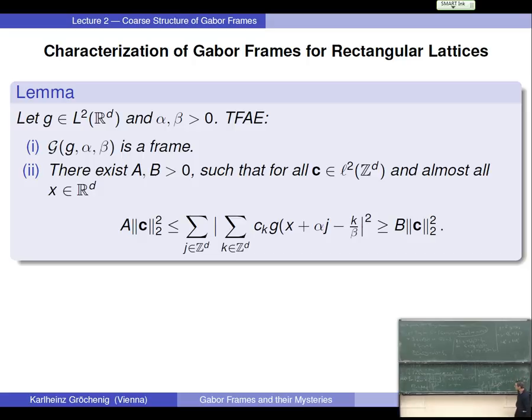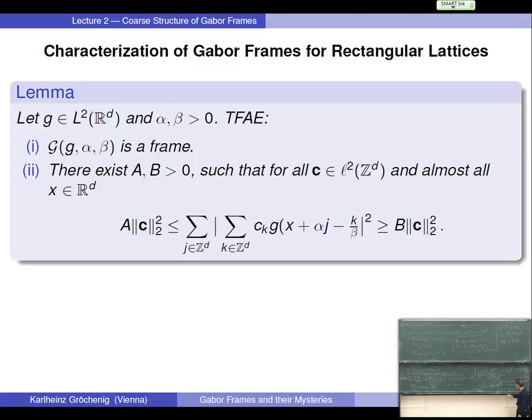Now if you assume that condition 2 holds, this condition holds for almost all t, then this here is greater than or equal to some constant A times the sum over k of |mu_k(t)| squared.